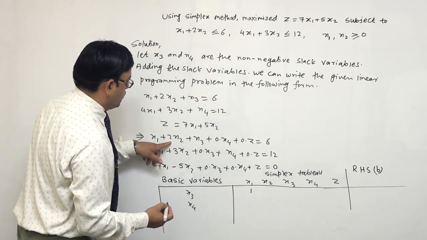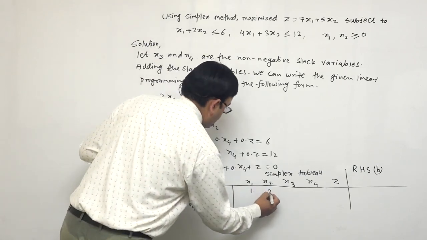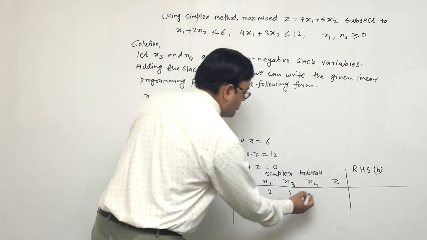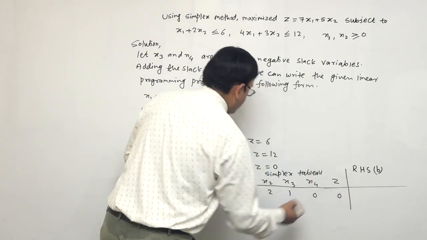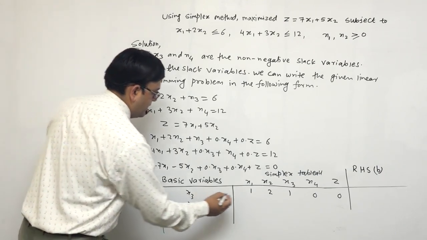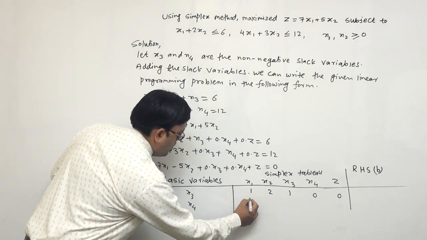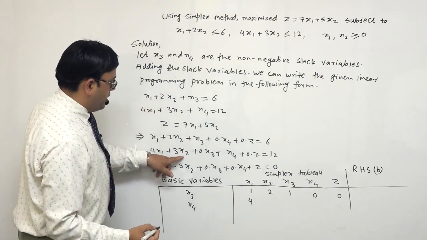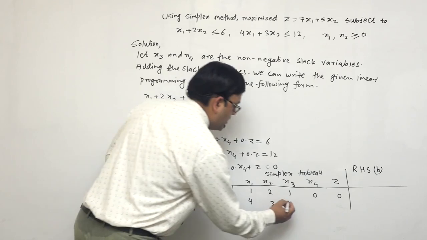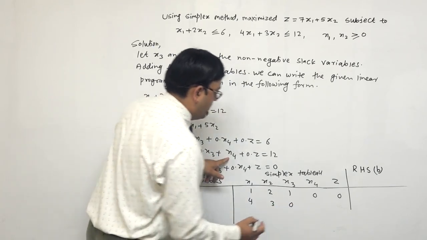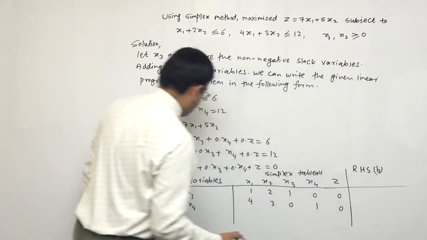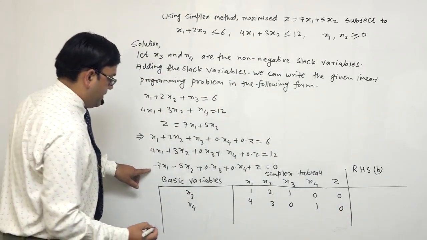So 2x2 is, x2 is 2, coefficient like this one, x3 is 1, then x4 is 0, and then z is also 0. So coefficient of x1 is here 4. Similarly 3x2 is here, so here is 3, and then here is 0, and then here is 1, and then here is 0. Again the last one is here minus 7.